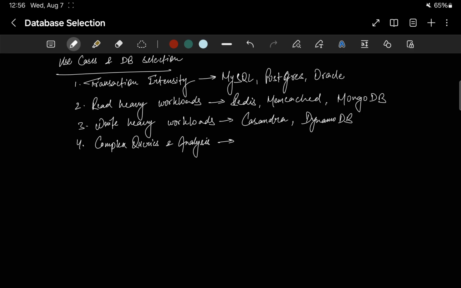This is often seen in scenarios like business intelligence applications or systems requiring extensive data analytics. For example, Google's BigQuery, Amazon's Redshift, Snowflake. These are good.